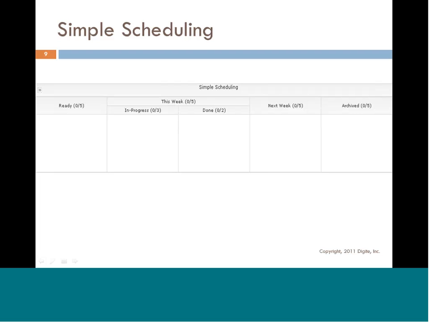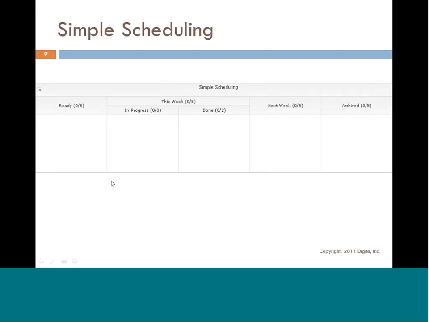We have also seen that when you implement something like this, the scheduling can be just one of the lanes in your Kanban board, or your work to be done can be on a completely different Kanban board. This board just indicates, based on my schedule, what work is in progress this week, what has been done this week, and what work I've scheduled for next week.